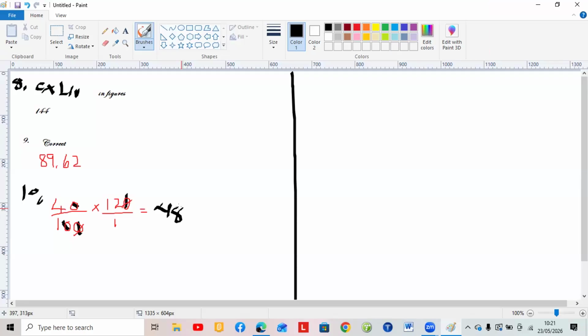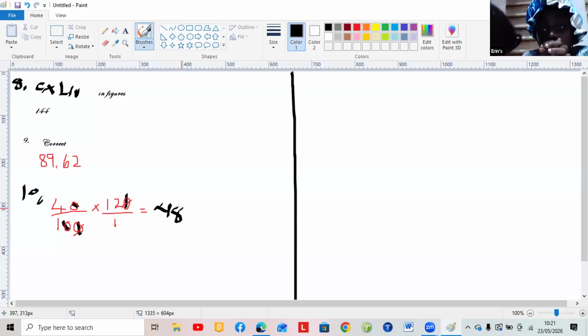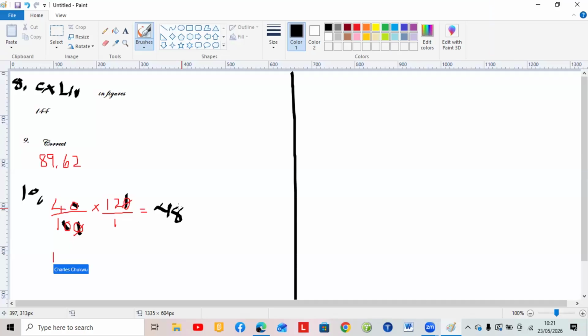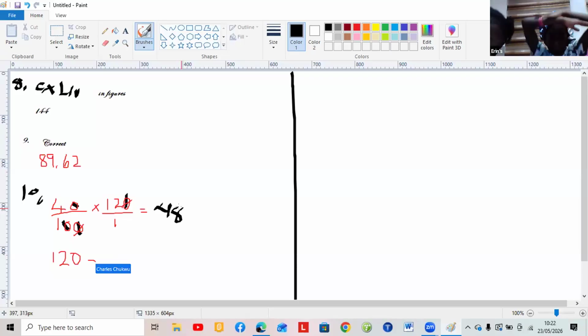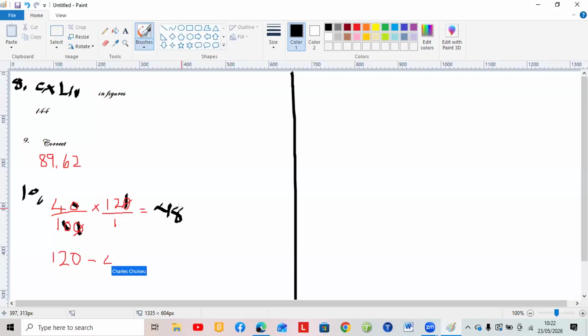It can't be plus. It has to be minus. When did you not see the question said decrease? What does decrease sound like? Does it not mean you should reduce something by? Please don't make that mistake again. Decrease is minus. So 120 minus 48 is what?